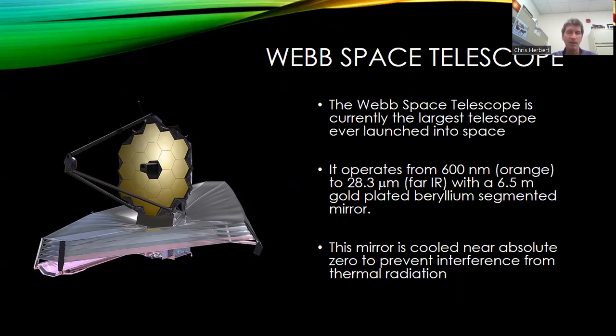Now, this is smaller than the Keck telescope, but because we don't have to see through the atmosphere, the images are actually better. And it's designed to operate in the infrared. Okay, that's why they coated the surface of the mirrors with gold, because gold reflects better in the infrared than, say, aluminum does.